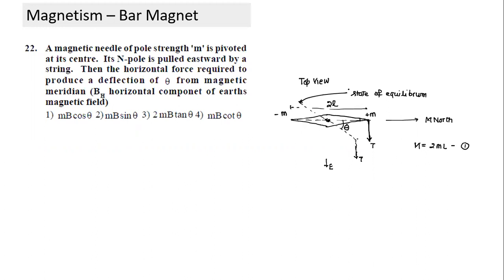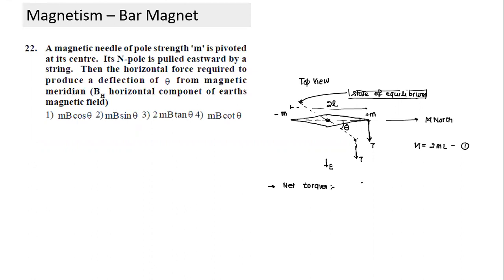So how do I form an equation? How do I use the condition of equilibrium? In this state of equilibrium, net torque has to be 0. So this is rotational equilibrium. What are the two torques acting here? One torque is due to the dipole because of the magnetic field.